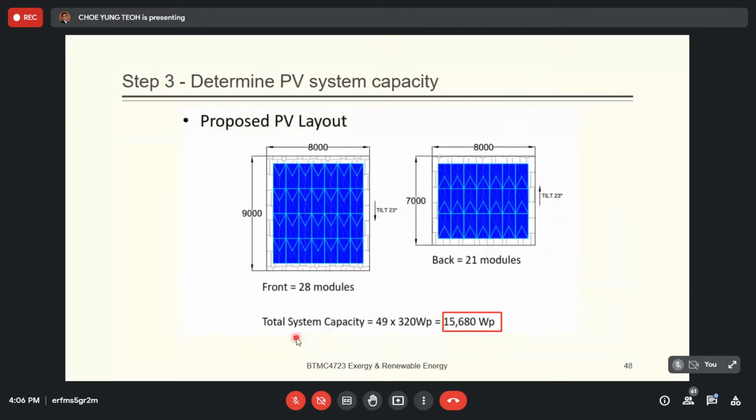So the total system capacity is 49 times 320. This is the rated power, which is 15,680 watt peak. P is equal to peak power. Okay, I think no issue. It is just the number of modules multiplied by the rated power output of one module.